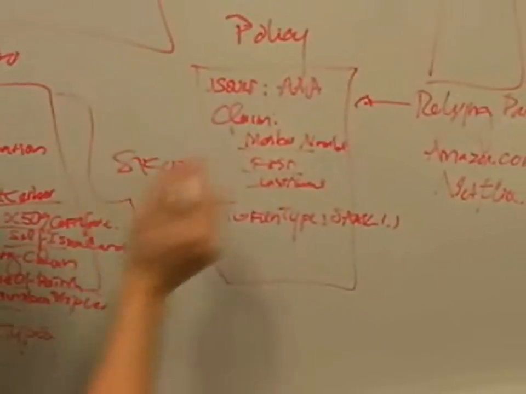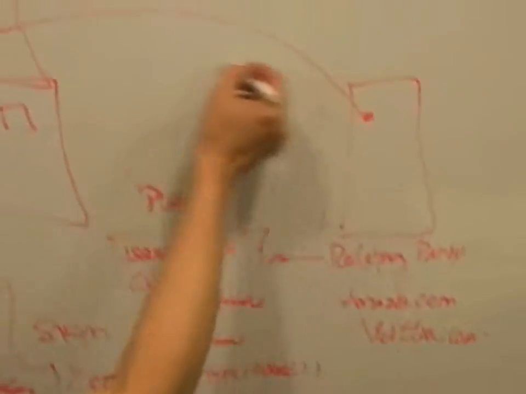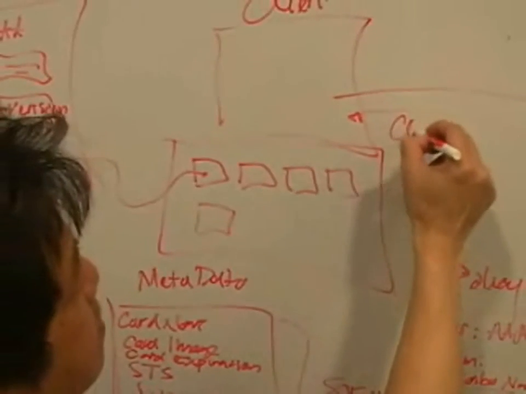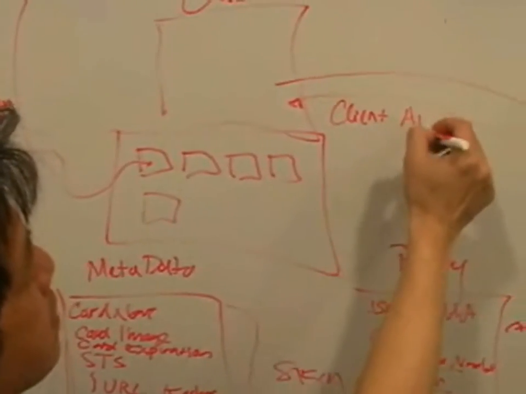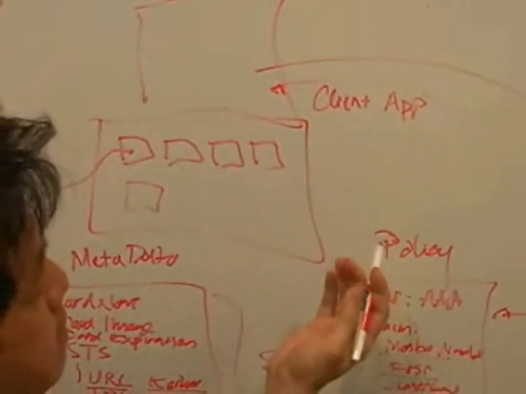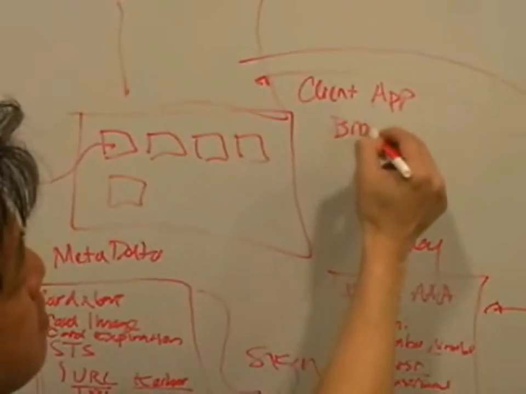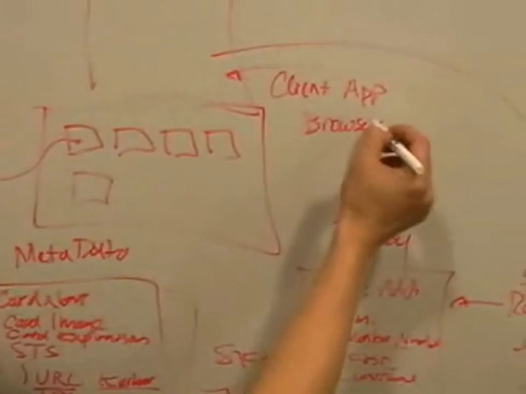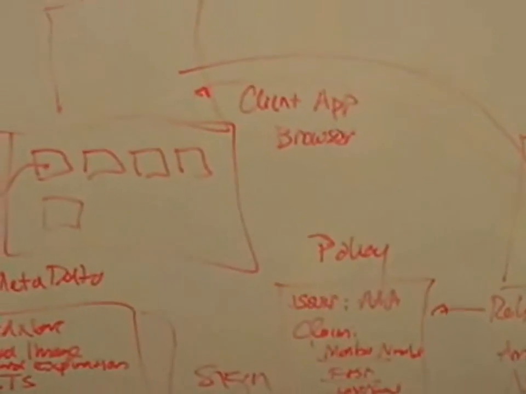Okay. So you get these requirements, and these requirements will flow to the client, the client app. And the client app could be, surprisingly, a browser. Surprise, surprise. It could be just a fat client app as well.